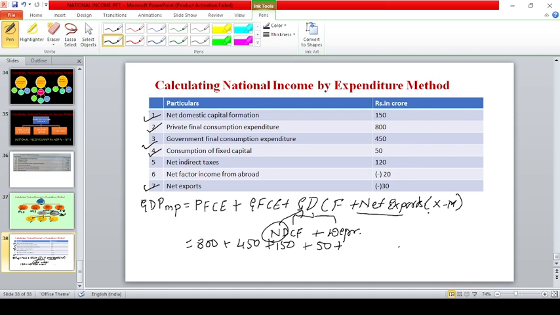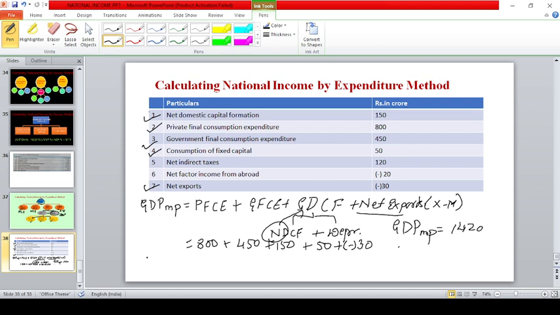If it is not, and export and import are given, then with the help of the formula you can calculate net export. Directly net exports value is given to us, that is minus 5. After calculating all this, we get GDP at market price as 1420. So GDP is rupees 1420 crore.